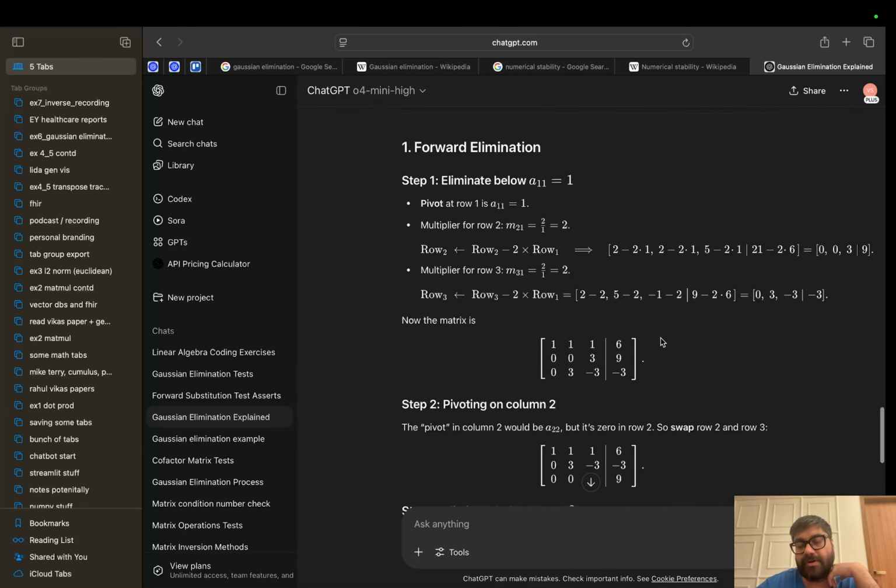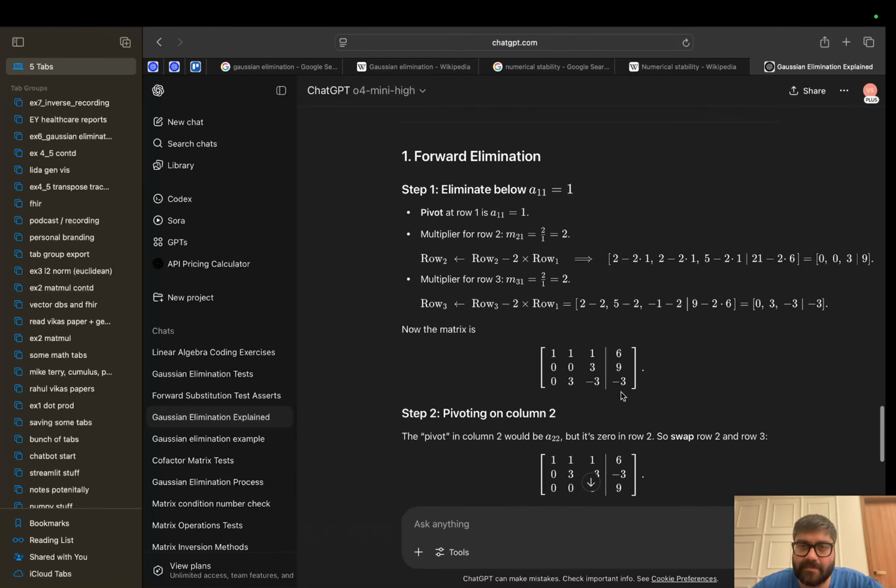It's called an augmented matrix, which in my code I'm just going to handle separately as a regular square matrix and a vector of the constants. But they have it combined because in Gaussian elimination, anything you do on the matrix, you have to do also to the vector of constants. Otherwise, I'm just doing random things.